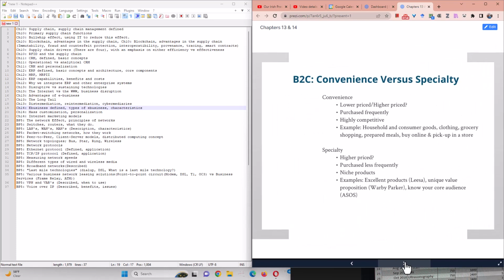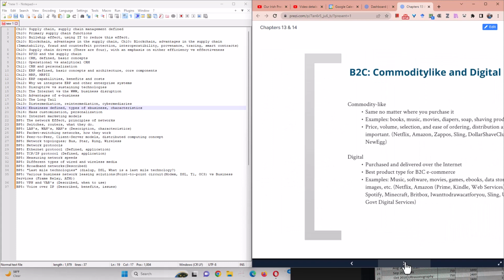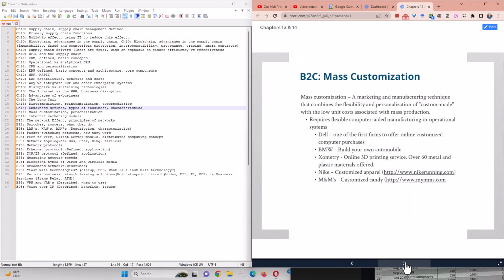Again, B2C, you should know the different B2C models. You should know what mass customization is. Mass customization is, again, a marketing and manufacturing technique that is being employed more and more today to allow customers the ability to build or assemble products to their customization.